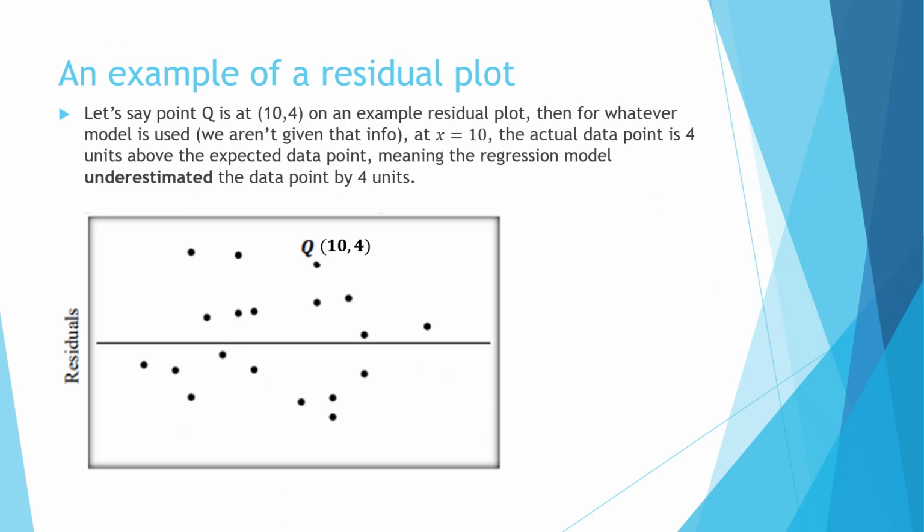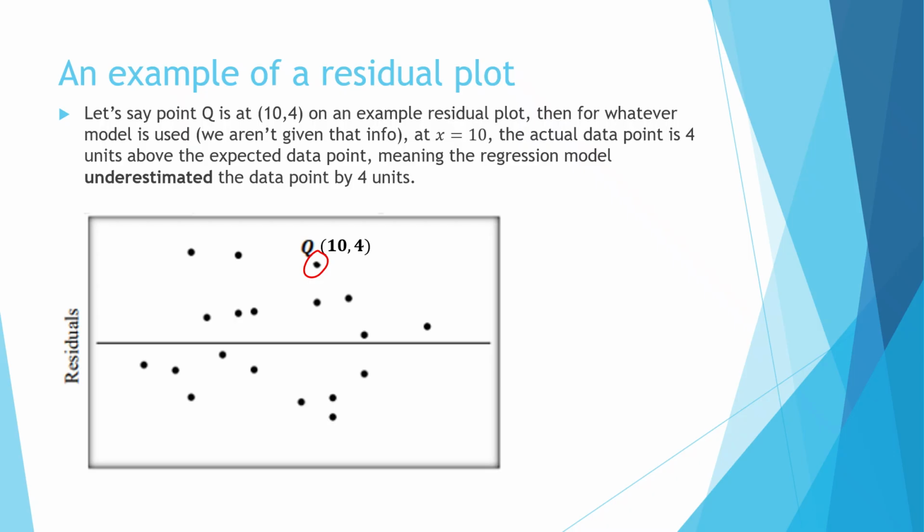All right, so let's take a look at an example of a residual plot. Let's say point Q is at 10, 4, this point right here on a residual plot. Then for whatever model is used, we don't know whether it's linear, quadratic, exponential, cubic, it doesn't matter.